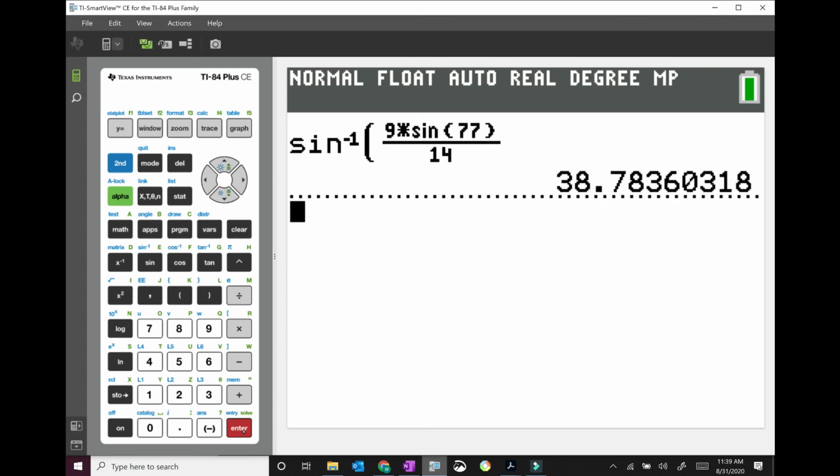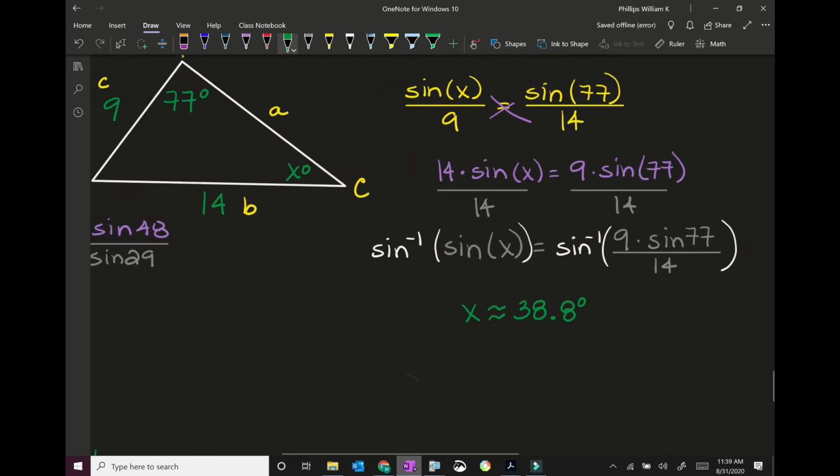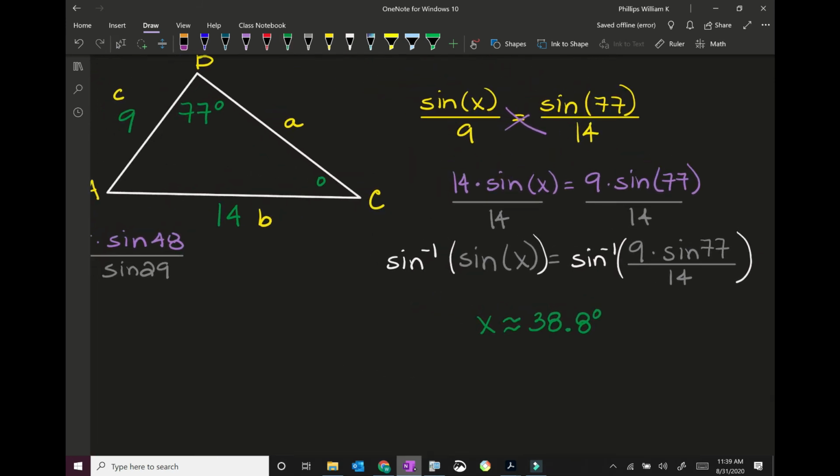And we'll hit enter. So the measure of our angle is going to be approximately 38.8 degrees. So here, the measure of this angle would be approximately 38.8 degrees.